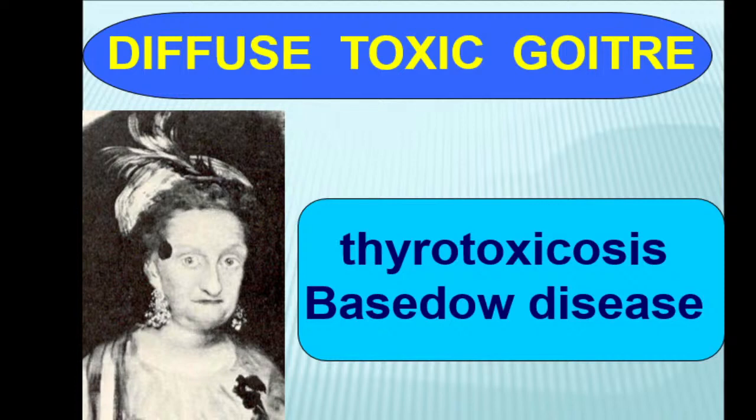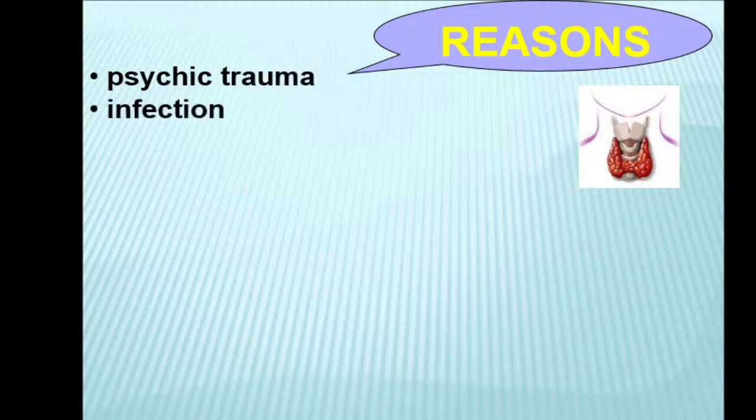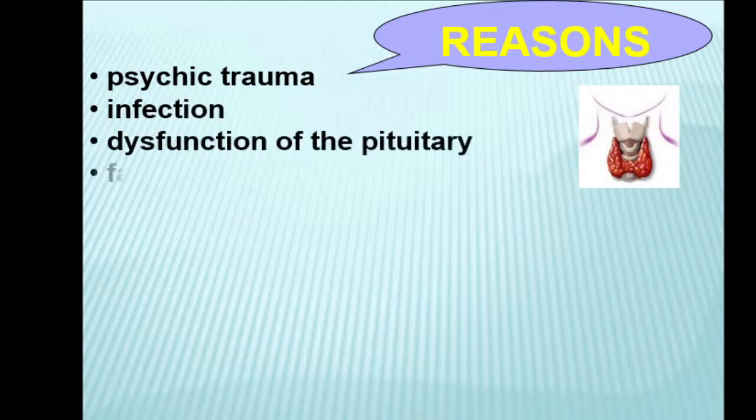Two problems on which we'll stop today: increased and decreased activity of the thyroid gland. Increased activity of the thyroid gland, thyrotoxicosis, we will study using the example of diffuse toxic goiter or Basedow disease. Provoking factors or reasons for the formation of thyrotoxicosis may be some psychic trauma, which must be severe, or a heavy infectious process.